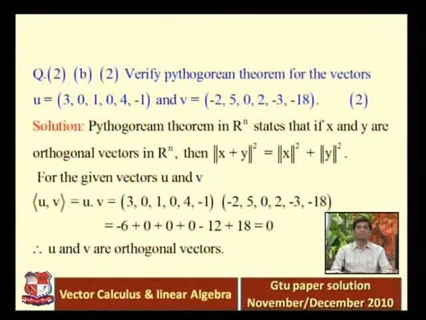So u dot v is the dot product of (3, 0, 1, 0, 4, minus 1) and (minus 2, 5, 0, 2, minus 3, minus 18). 3 into minus 2 is minus 6, plus 0 into 5 is 0, plus 1 into 0 is 0, plus 0 into 2 is 0, plus 4 into minus 3 is minus 12, plus 1 into minus 18 is minus 18... Now you can see minus 6 minus 12 plus 18 is equal to 0. So it's correct that these two vectors are orthogonal.